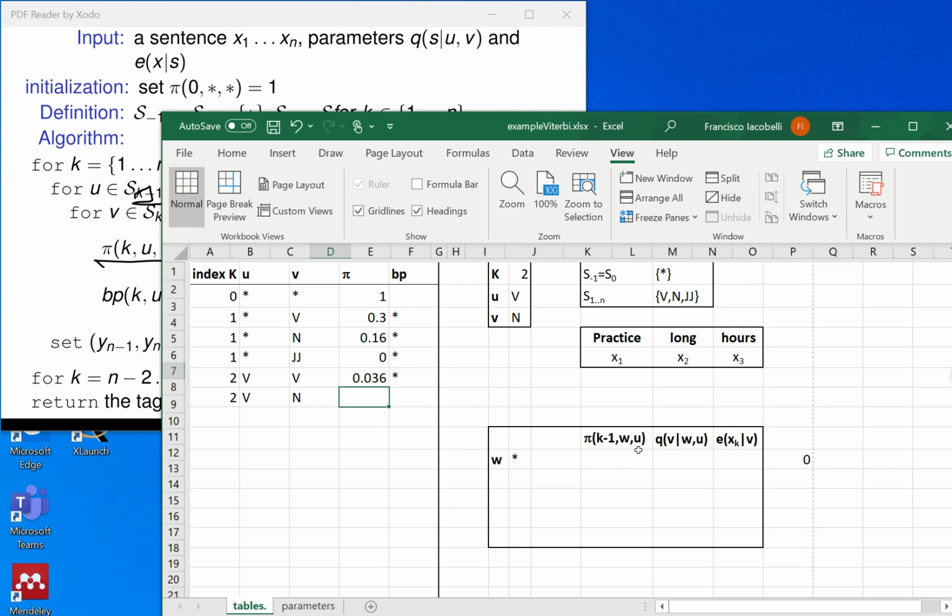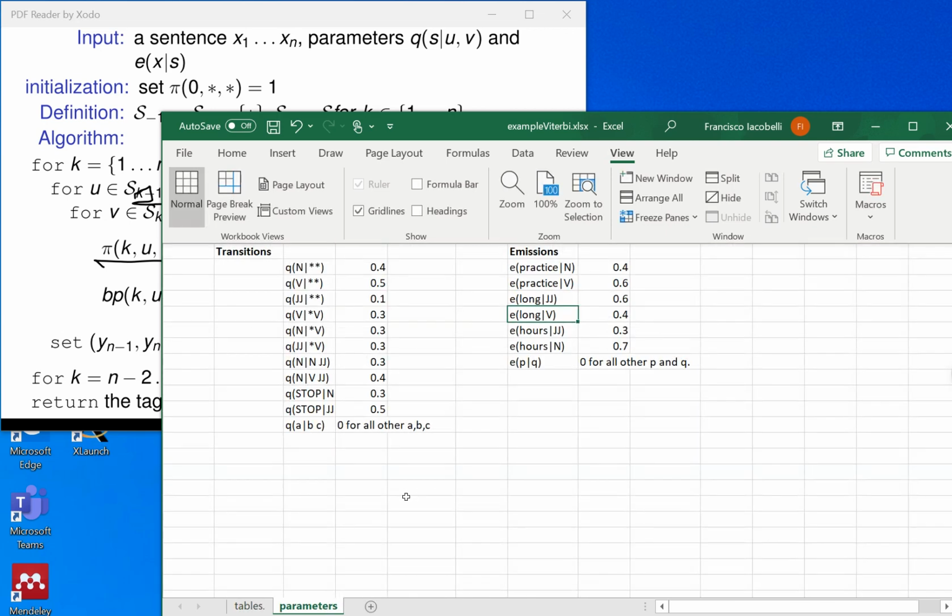You see this is not changing. So 1 star V, right here. 1 star V is 0.3. Then we're going to look for Q of N given star V. Q of N given star V is 0.3.